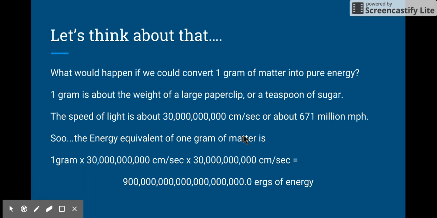So the energy equivalent of 1 gram of matter is 1 gram, that's the m, times 30 billion centimeters per second times another 30 billion centimeters per second, because it's c squared. And that gives us 9 with 20 zeros behind it, ergs of energy.